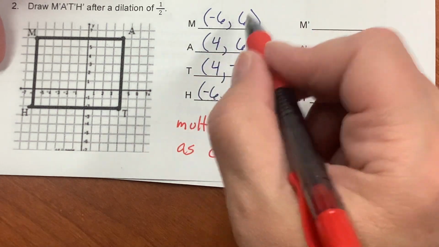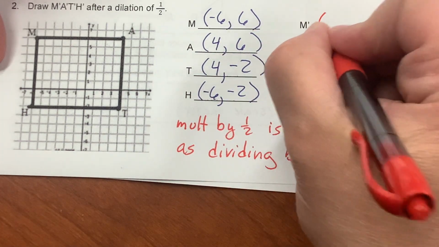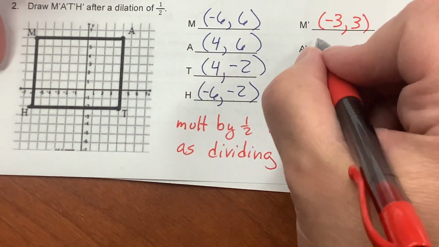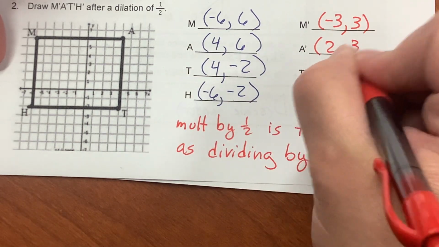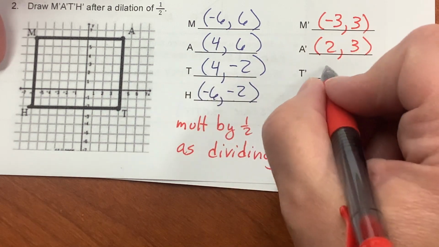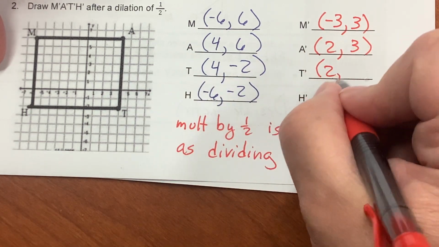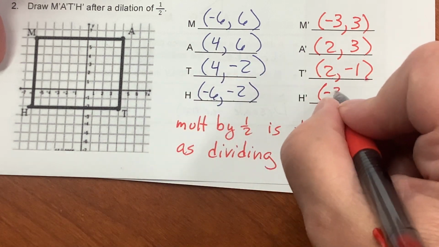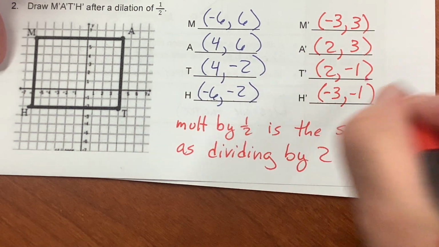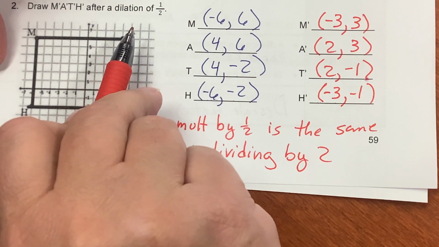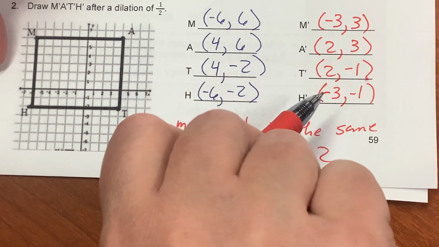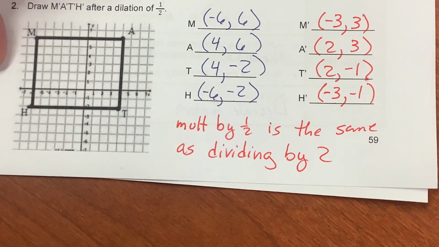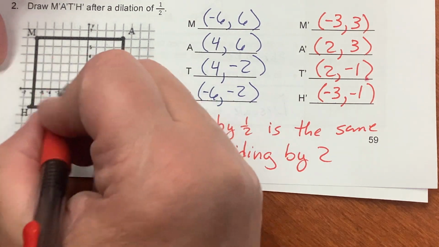So, (-6, 6) divided in half is (-3, 3). (4, 6) is (2, 3). For (4, -2), be careful, it is (2, -1). (-6, -2) is (-3, -1). Now, 1/2 is less than 1, and all of these numbers are smaller than the original because we divided by 2, so we're going to have a smaller shape.